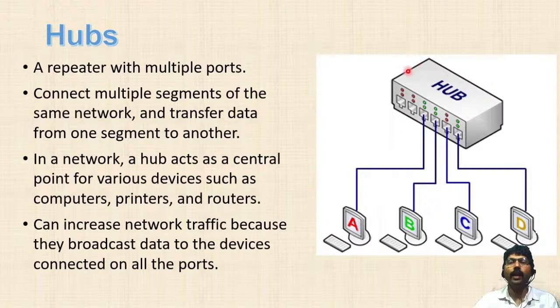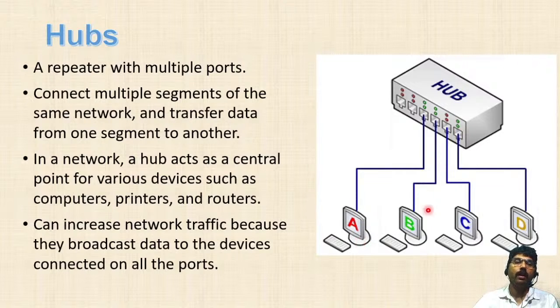If you want to create a LAN, we generally use a hub, which provides multiple ports, 5 to 10 ports. We connect computers, printers, scanners, routers and other devices directly to this port.